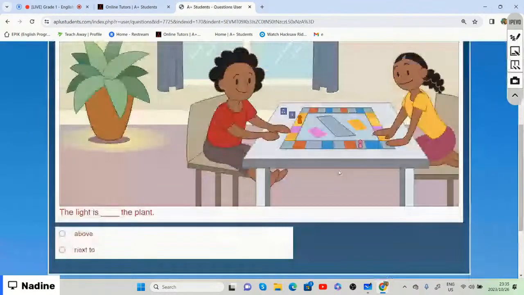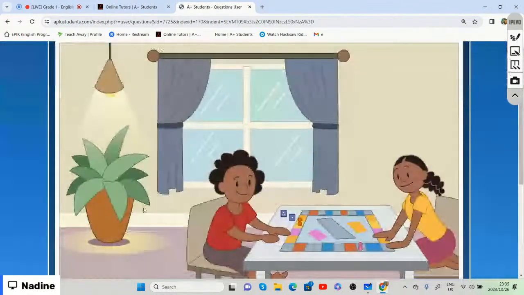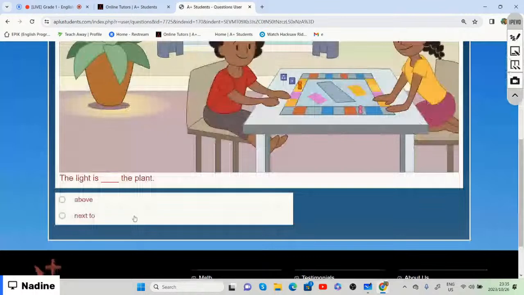And then the light is the plant. Here we have the light in the plant. Is it above the plant or next to the plant?